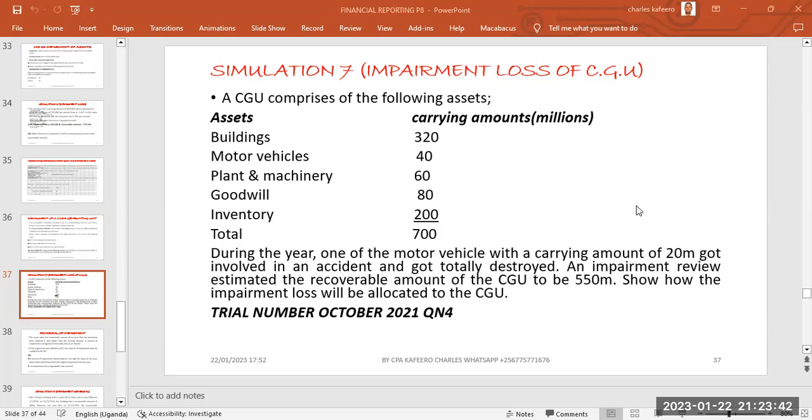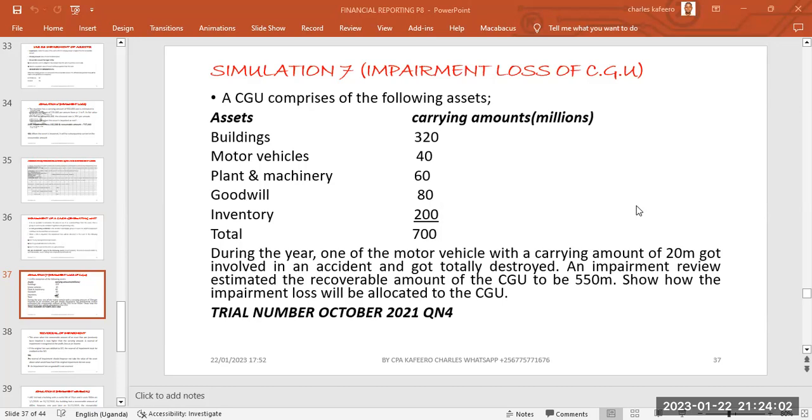We did that, and here is just a continuation of what you may need to know as far as impairment of assets is concerned.